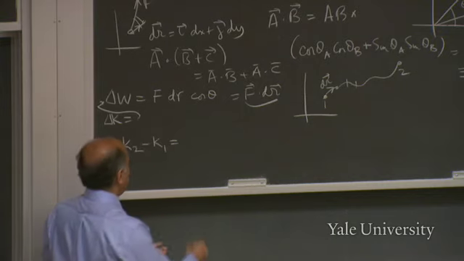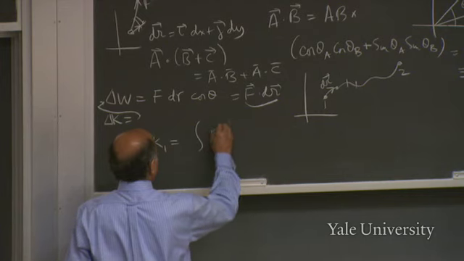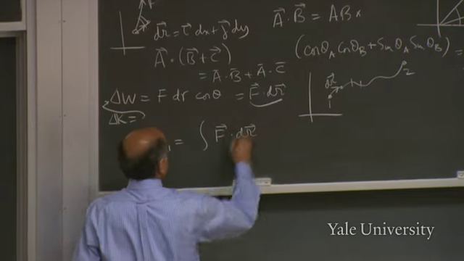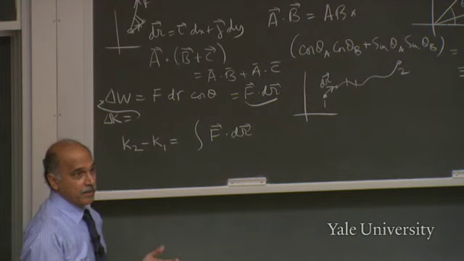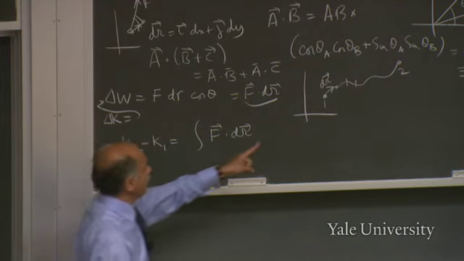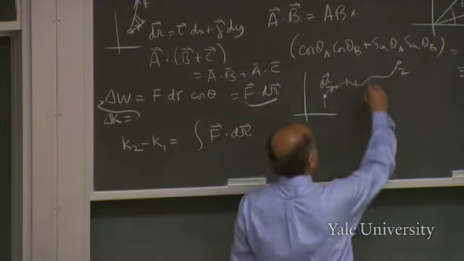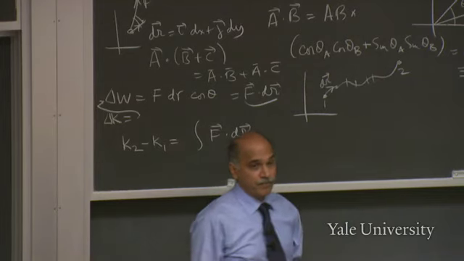Well, that is written symbolically as this. This is the notation we use, calculus. That just means if you want to go from A to B along some path, you chop up the path into tiny pieces.